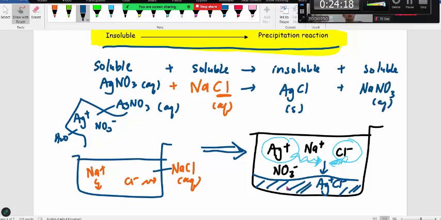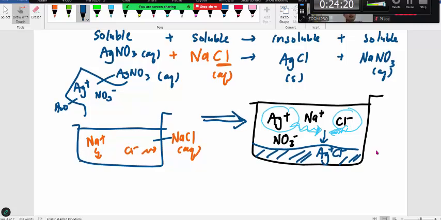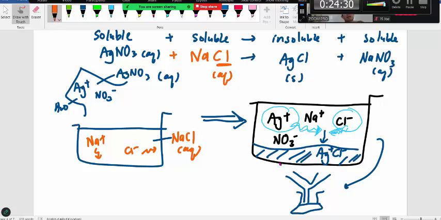So in order to get this solid, all I need to do is filter. So now, the silver chloride is my residue or my filtrate now? Residue. So all I need to do is rinse with distilled water, dry between filter paper.